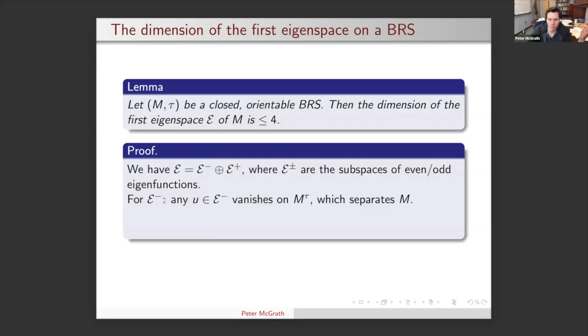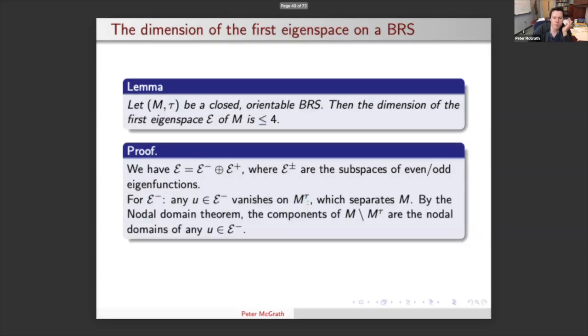In particular, the fixed point circles separate the manifold. And if you have an odd eigenfunction, it vanishes on all these fixed point circles. And so in particular, you have just two nodal domains by the Courant nodal domain theorem. The two components, after you cut out the fixed point set, are the nodal domains for any odd eigenfunction.